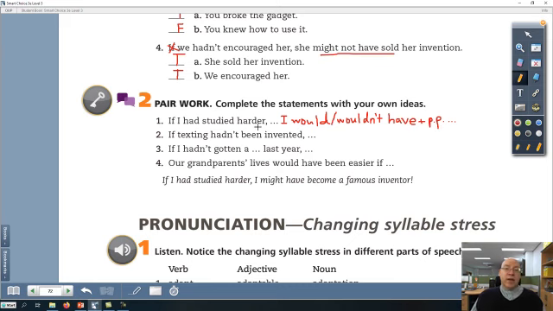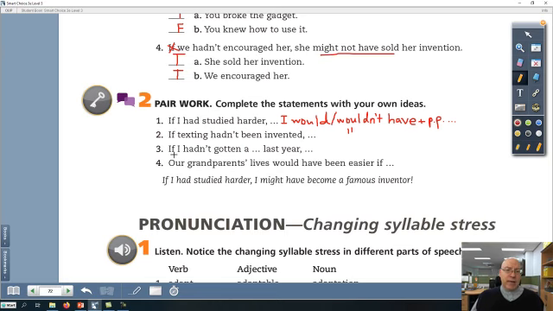If I had studied harder, I wouldn't have had more time to play in later life. So many different things that we can use, and try to use your own ideas for those. Same thing for number 2 and 3. If texting hadn't been invented, I would have, or it wouldn't have.